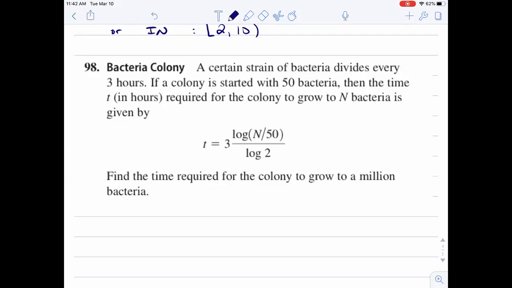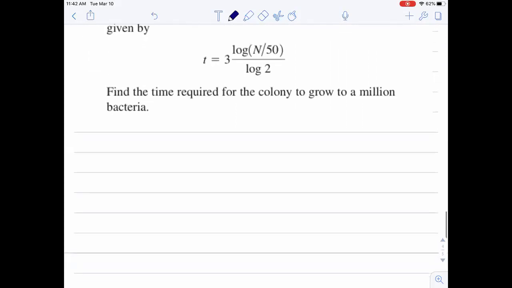So this is just an exercise in using logs to solve problems, right? And so we've got t is 3 times the log of n over 50. Log is the log base 10, right?